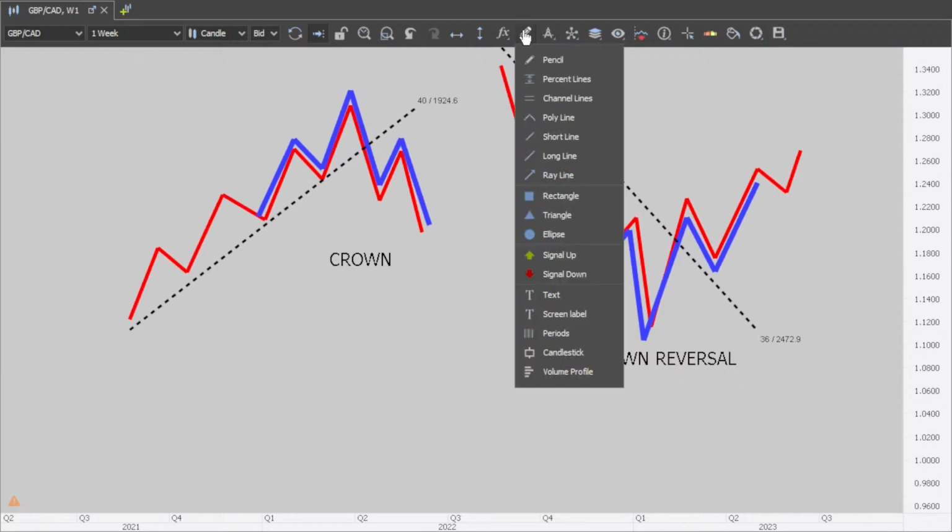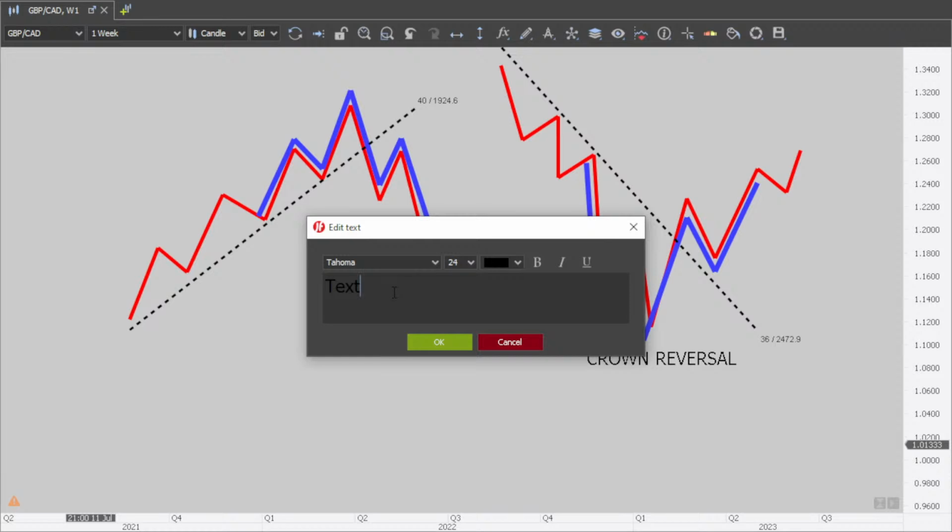Okay, so moving forward, trading concept, everybody, talking about crowns. Trading concept number one: crowns are reversal patterns. Always remember, potential. Crowns are reversal potential patterns.